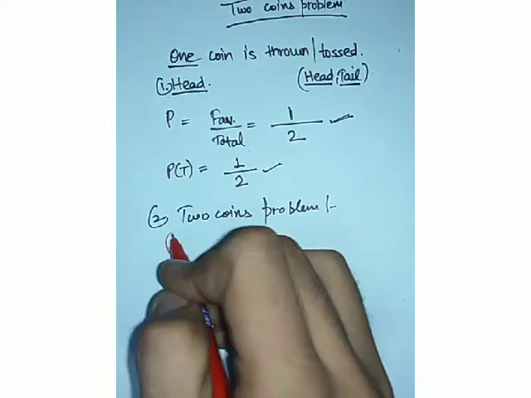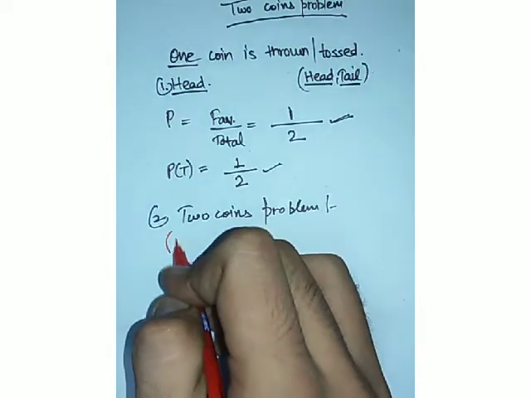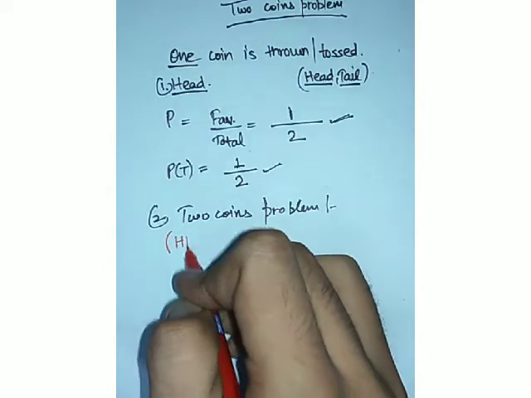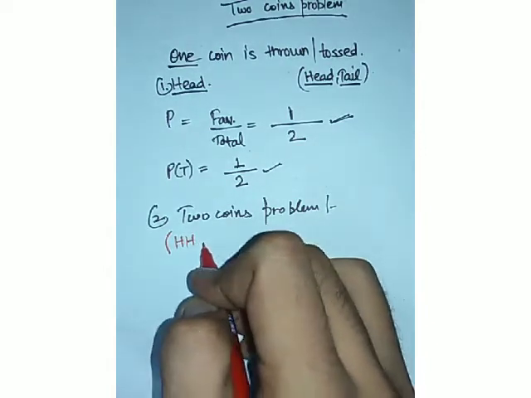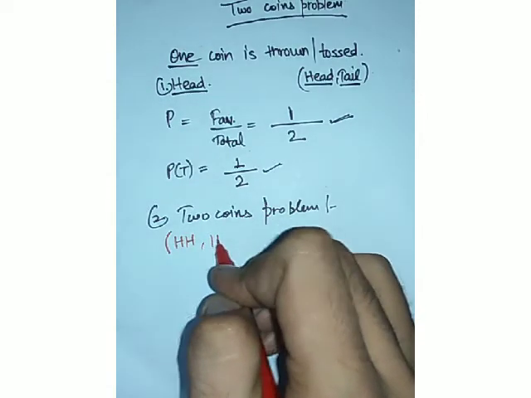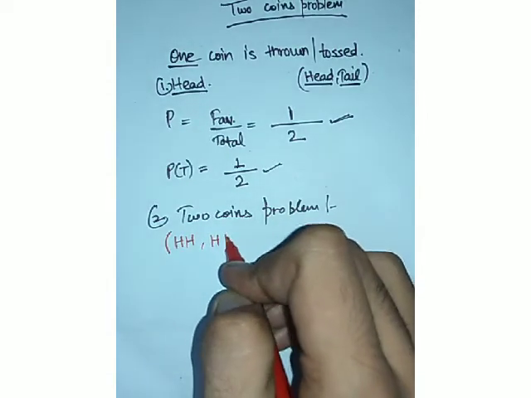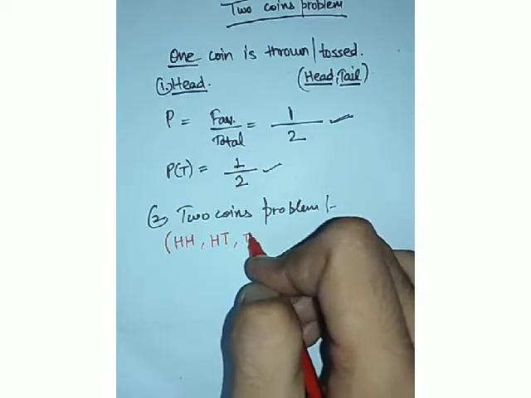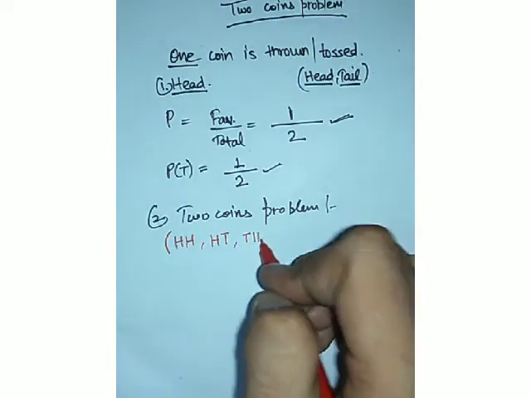So what can be there? On the first coin, it can be head. On the second coin, it can be head. On the first coin, it can be head. On the second coin, it can be tail. On the first coin, it can be tail. On the second coin, it can be head.